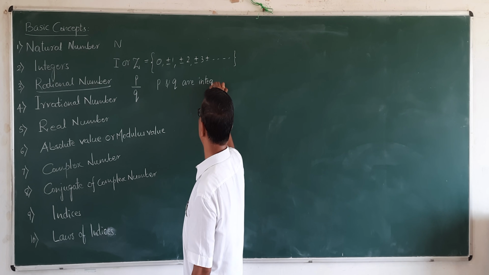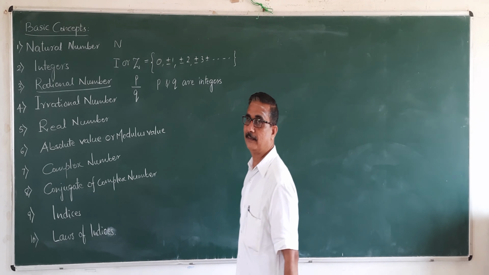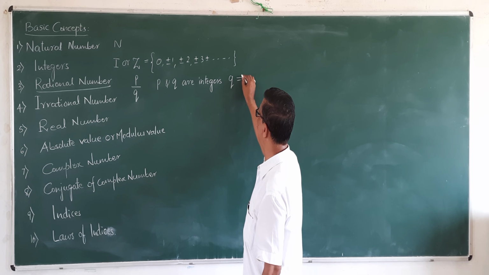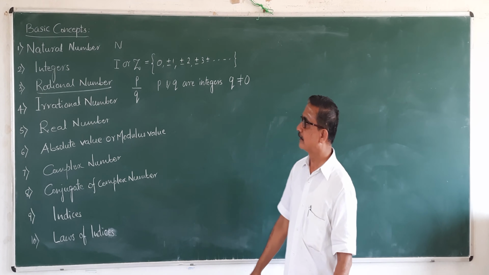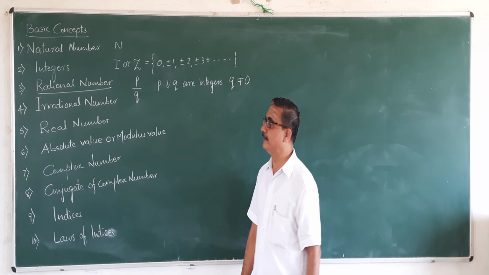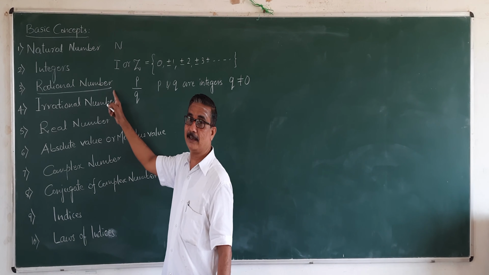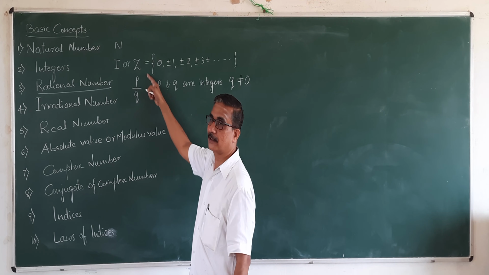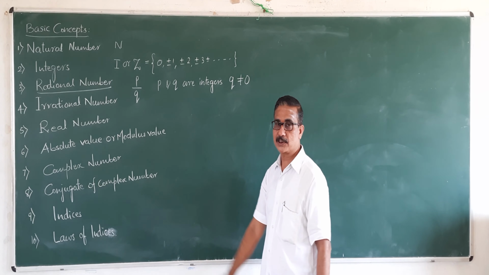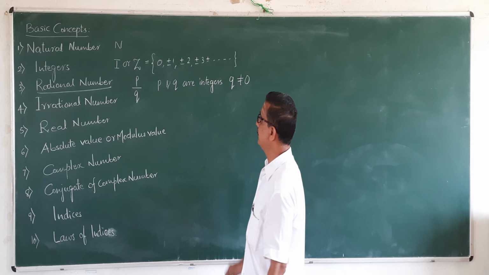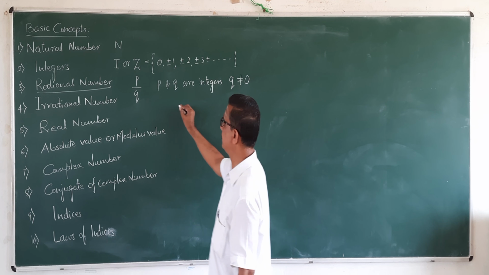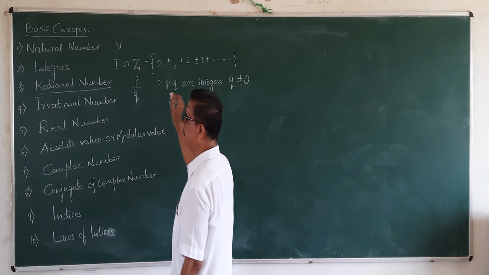Integers. And Q is not equal to 0. Such type of expression is known as a rational number. The set of rational numbers is denoted by capital letter Q.